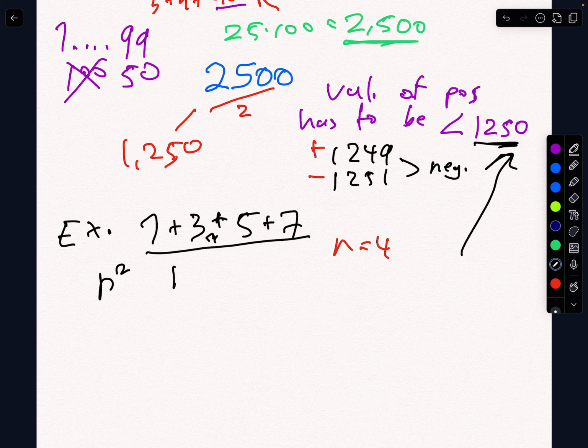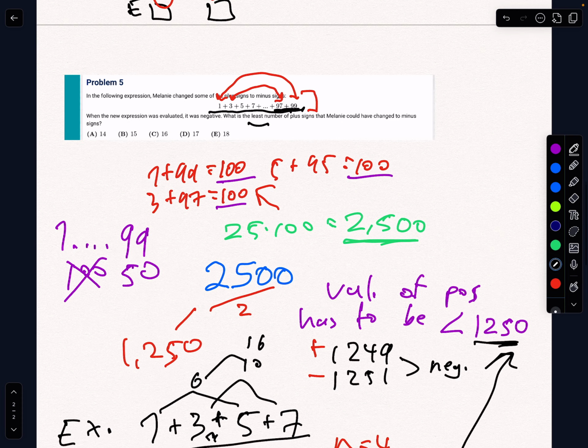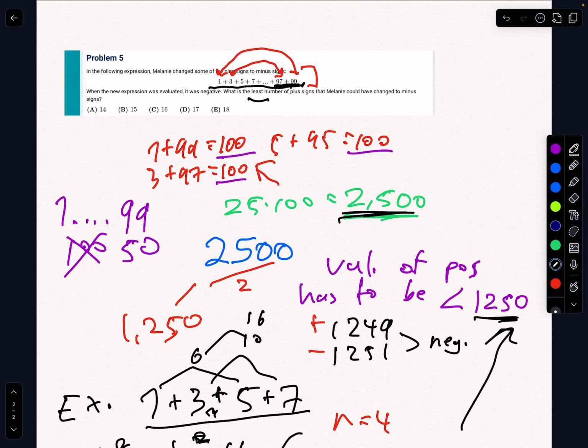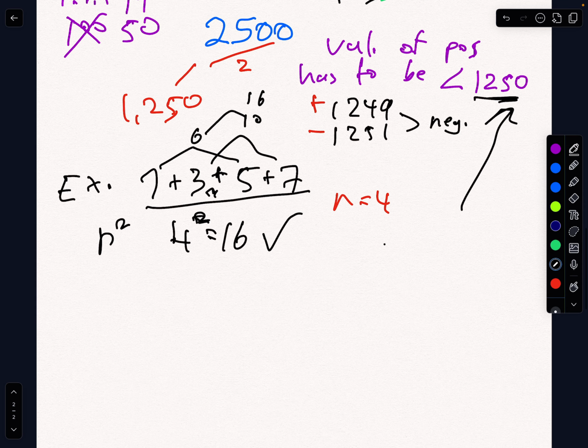So 4 squared. And if you do the math here, this is 10, this is 6, 16, so that checks out. Similarly, we already found the sum is 2,500, and there are 50 odd numbers here. So 50 squared should give me 2,500, which it does.